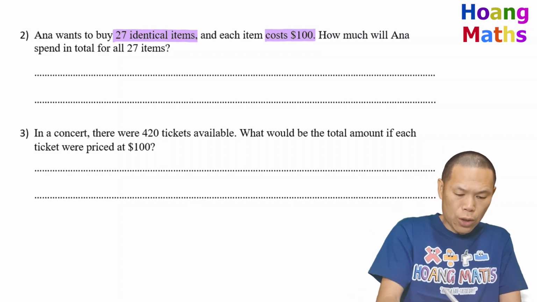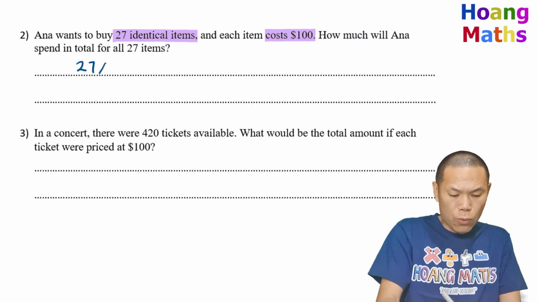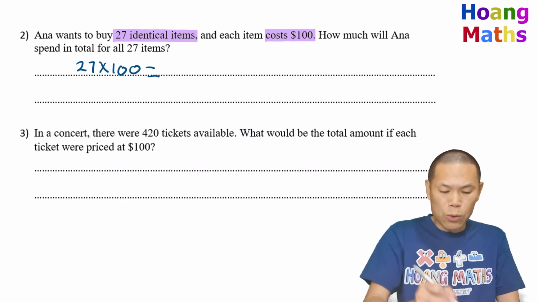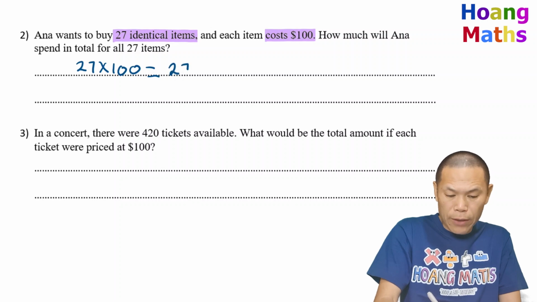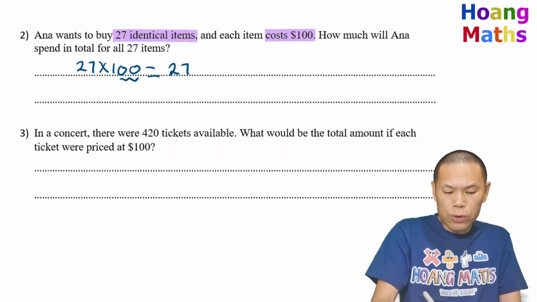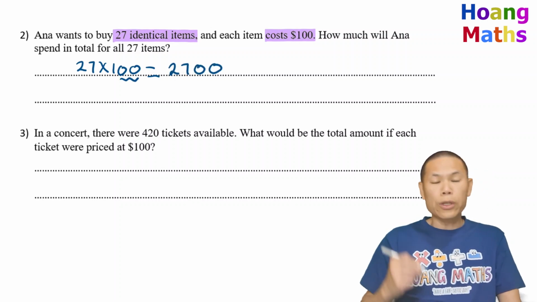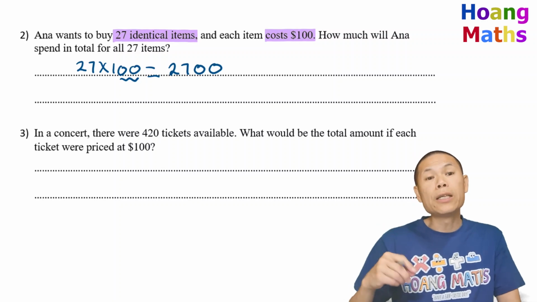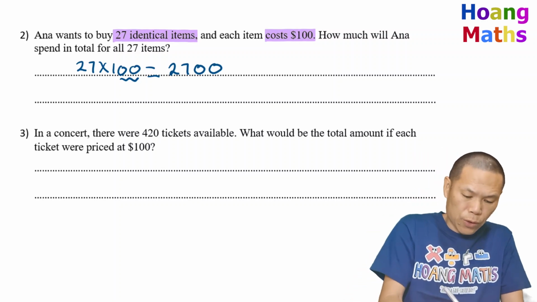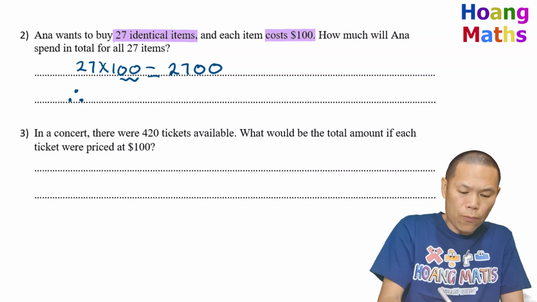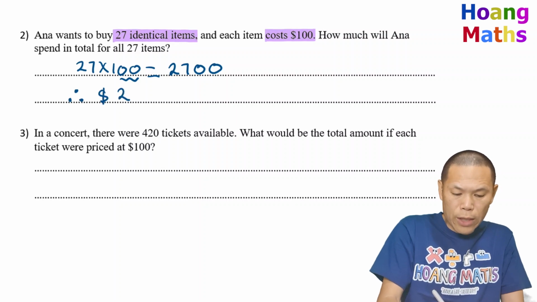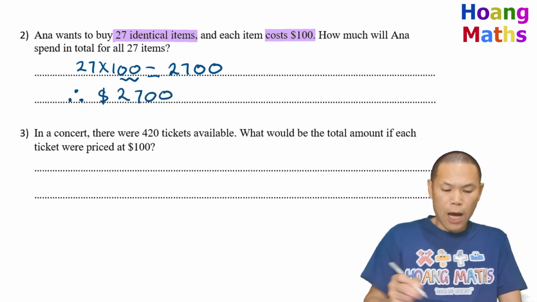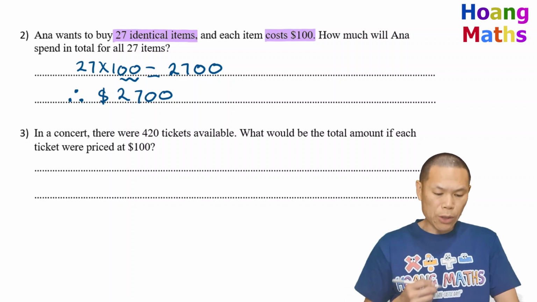We know that 27 times 1 is 27, and these 2 zeros, we just write this down. So therefore, $2,700.